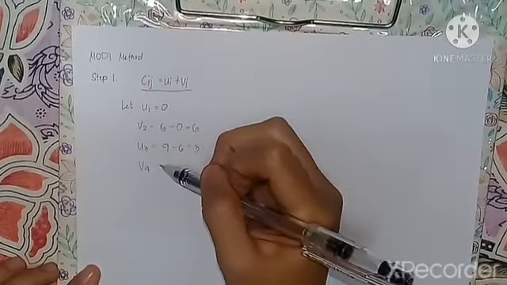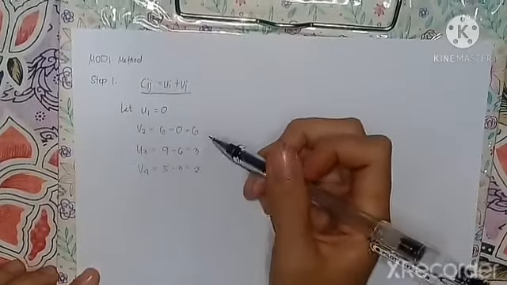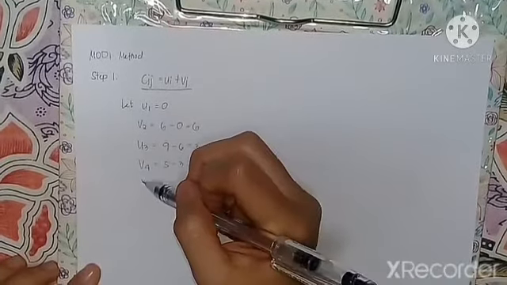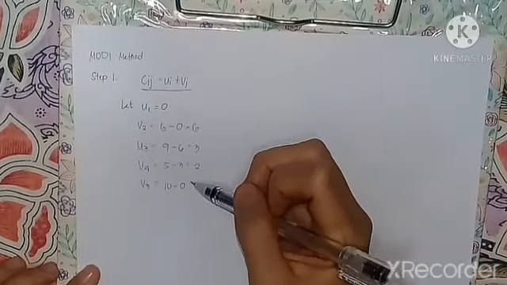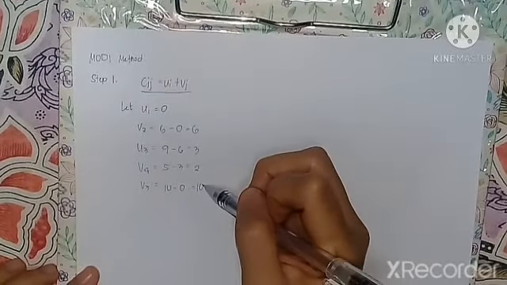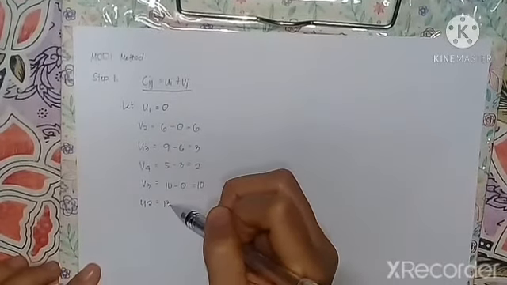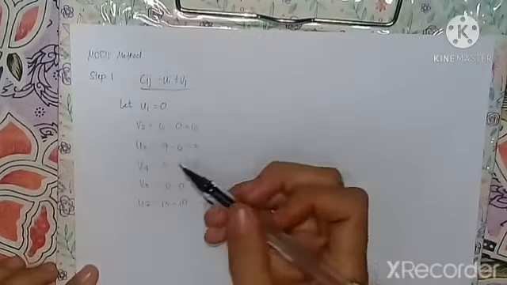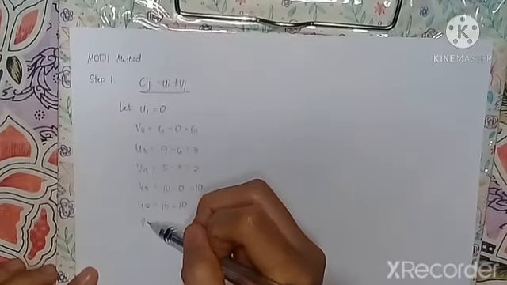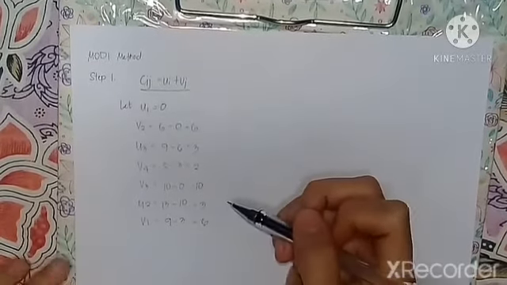V4 is equal to 5 minus 3 is equal to 2. V3 is equal to 10 minus 0 equals 10. U2 is equal to 13 minus 10 equals 3. And V1 is equal to 9 minus 3 equals 6.